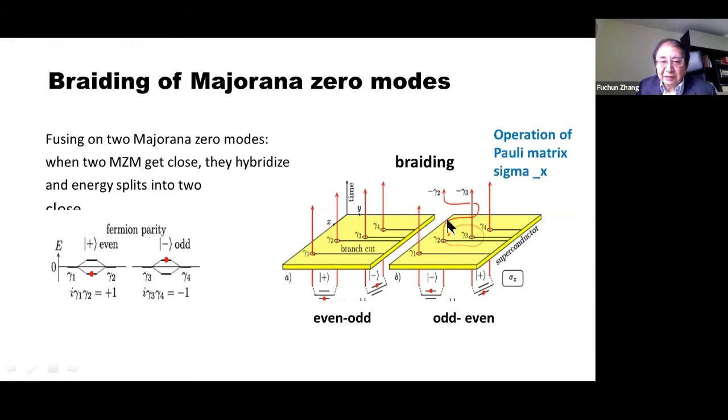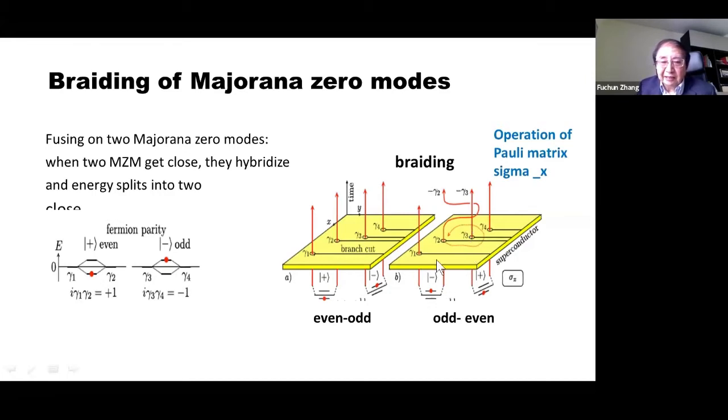But actually, because of this branch cut, and because of the vortex, you have order parameter phase of 2 pi around each vortex. So when this moves around, you get a phase pi. That changes gamma 2 to minus gamma 2, and at the same time changes gamma 3 to minus gamma 3.